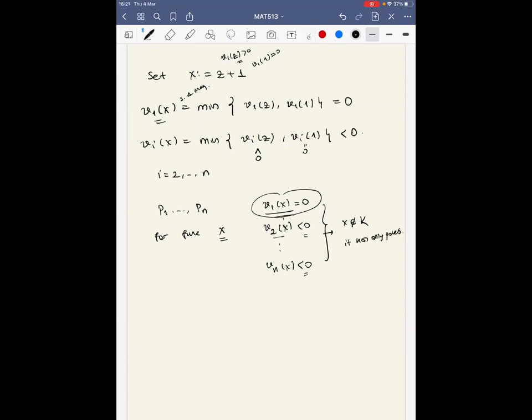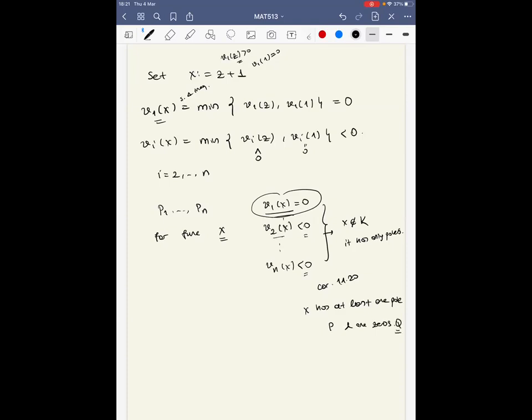But this is not possible because by corollary 1.120, we know that x has at least one pole and one zero.